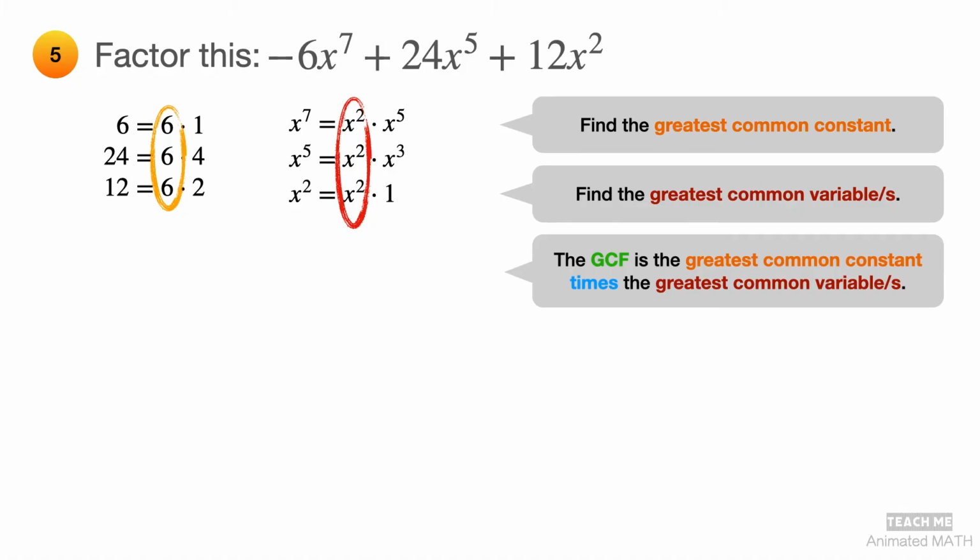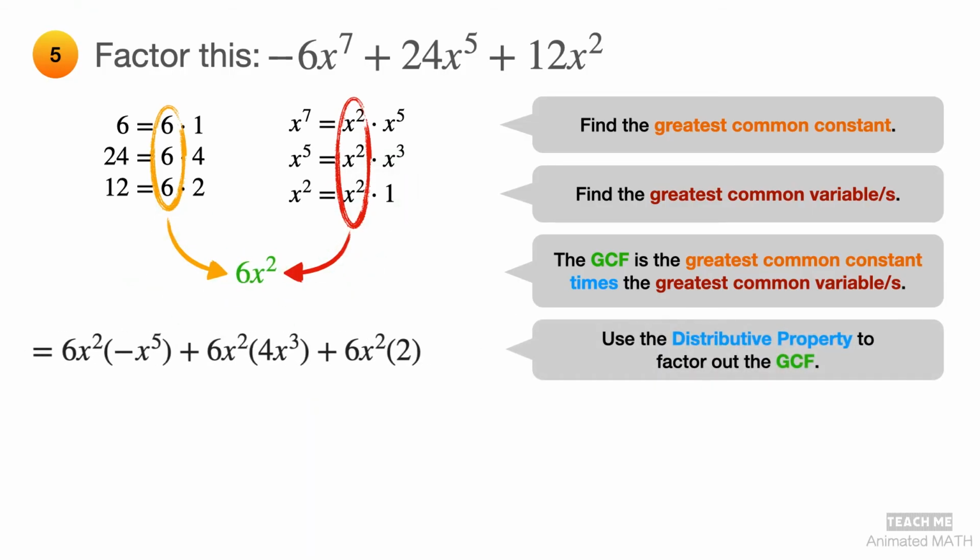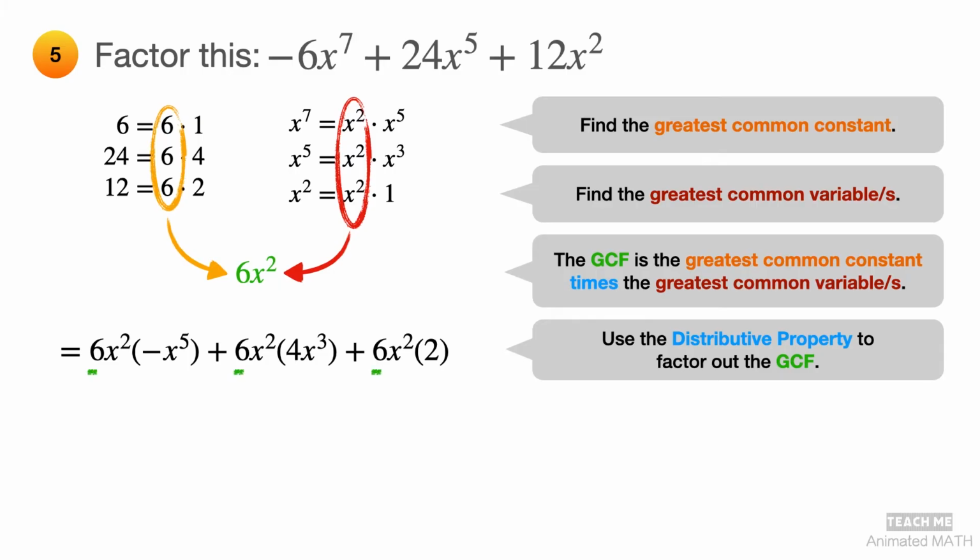Multiply the greatest common constant and the greatest common variable so that you find the greatest common factor, or GCF, which is 6x squared. Use the distributive property to factor out 6x squared from each term. The answer is 6x squared times negative x raised to 5 plus 4x cubed plus 2.